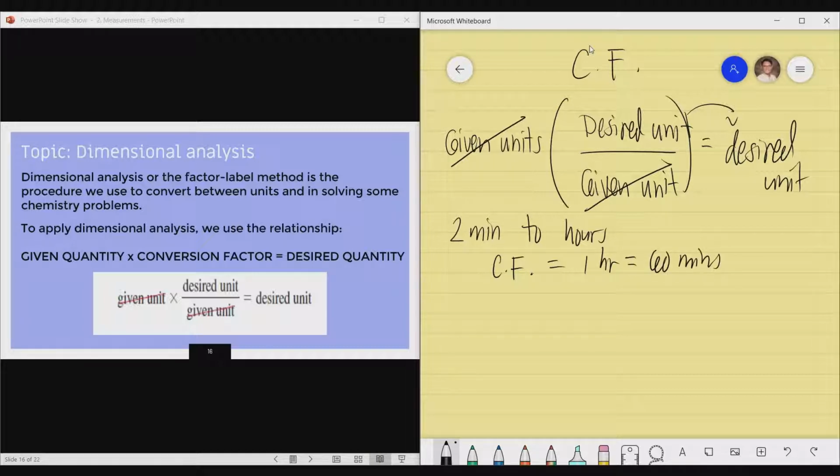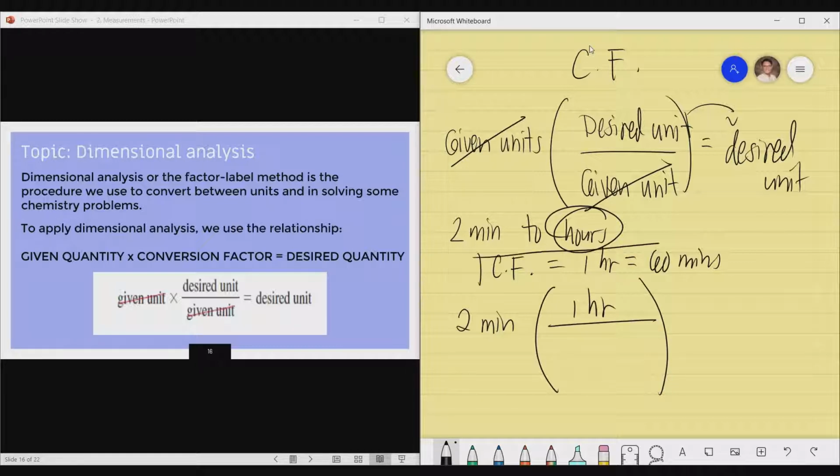So, ang given ko, okay, given unit, 2 minutes. And then conversion factor, itong 1 hour over 60. Ang desired ko ay hours. So, dapat, ang nasa numerator o taas ay 1 hour. Saan galing yung 1 hour? Ito po, itong conversion factor.